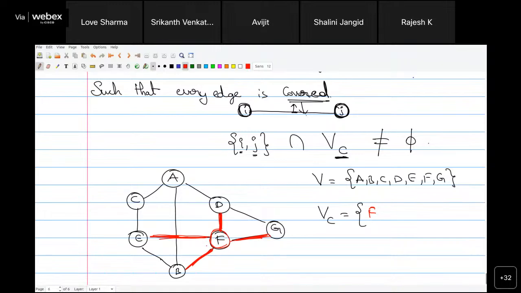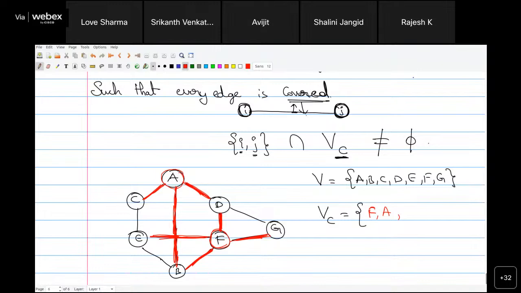Next, choose the next vertex. Now remove these 4 edges and look for the vertex which covers the most number of edges. Which vertex will it be? A. Right. So I will pick A. Once I pick A, edge AD is covered, edge AB is covered.